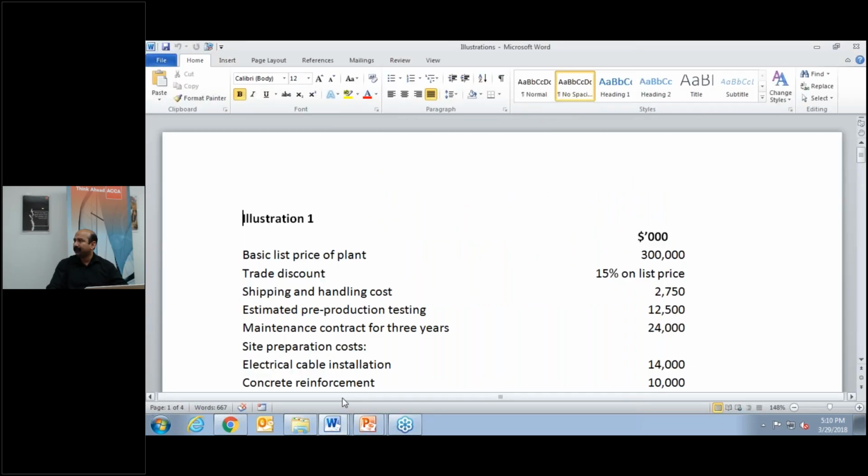Very simple illustration. The basic list price of the plant is 300 million, in fact, because you can see that there is thousands on the top. Then trade discount 15% of list price.